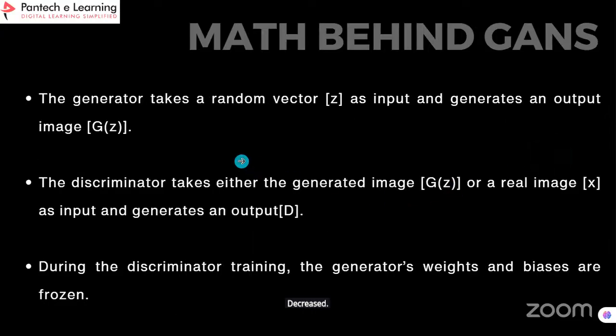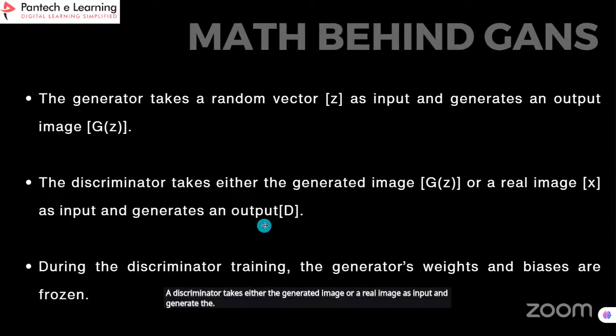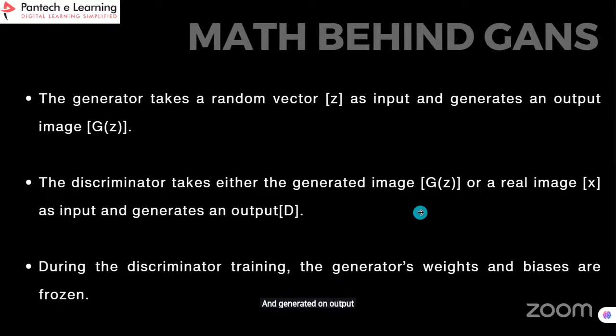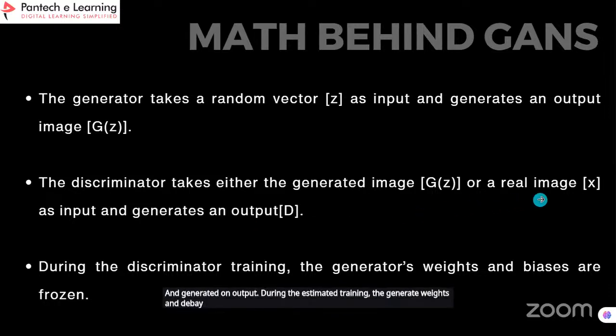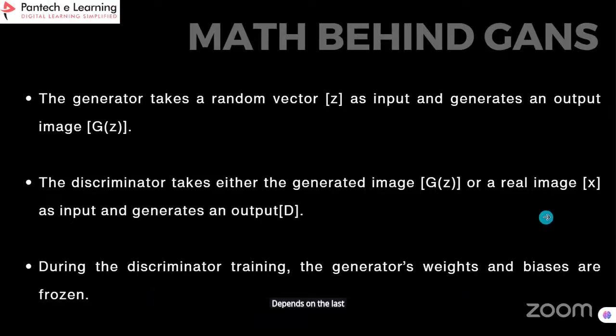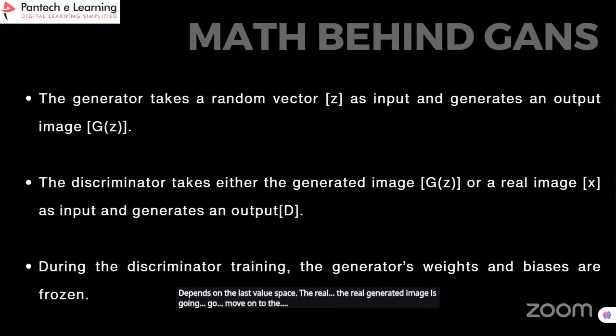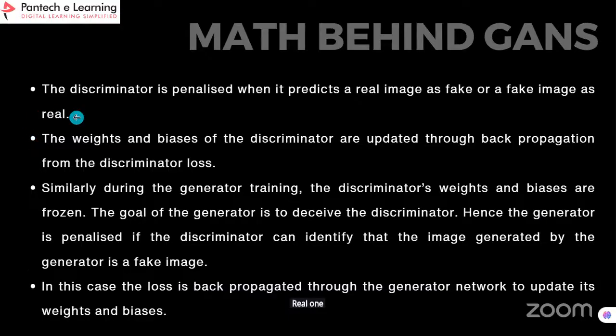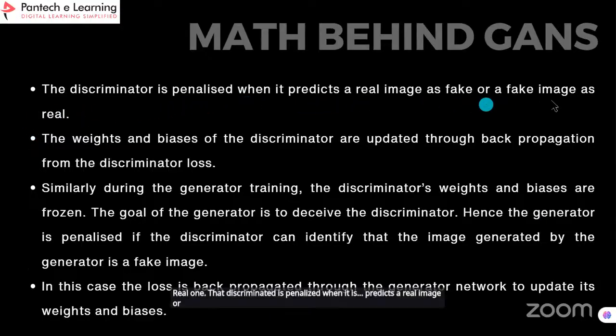The generator takes a random vector as input and generates an output image. The discriminator takes either the generated image or a real image as input and gives an output. During the discriminator training, the generator's weights and biases are frozen. Based on the loss values, the generated image moves toward the real one. The discriminator is penalized when it predicts a real image as fake or a fake image as real.